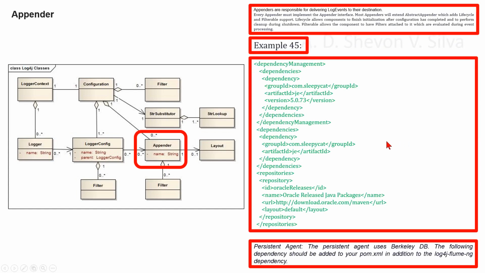Now we're considering the persistent agent. The persistent agent uses Berkeley DB. The following dependency should be added to your pom.xml in addition to the log4j-flume-ng dependency.